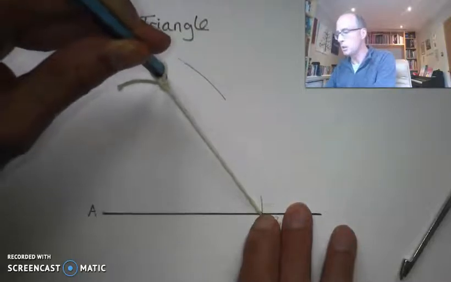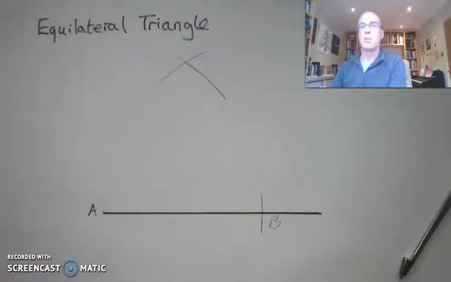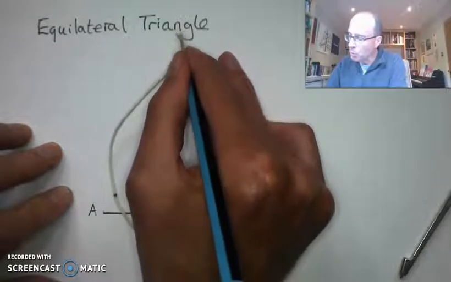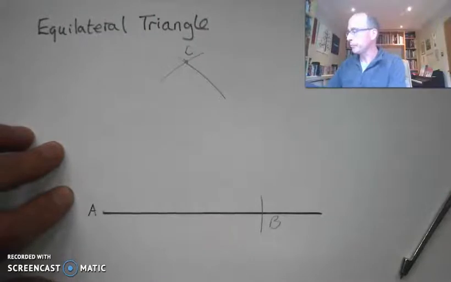Again, my string should be as tight as possible, pencil vertical, and I'm looking for those 2 arcs to cross. And I'm going to label the point where they cross, this point here, I'm going to label it C.